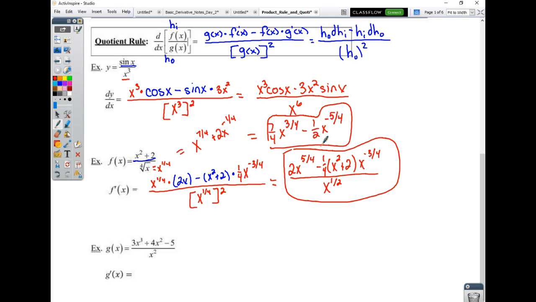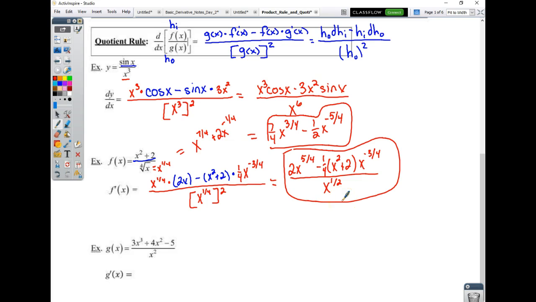Are they testing my quotient rule skills, or are they looking for a simplified answer? Be aware of both of those, because if you use this, but all the answer choices are written like this, you've got to look out for that, right?